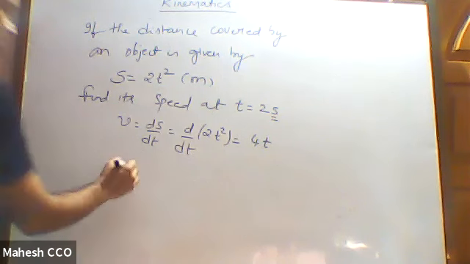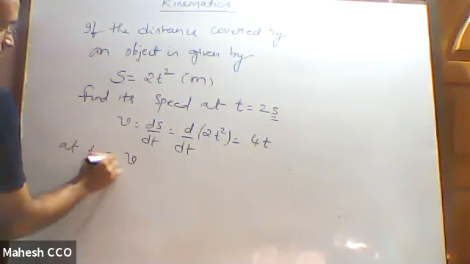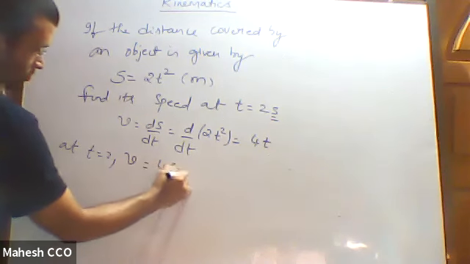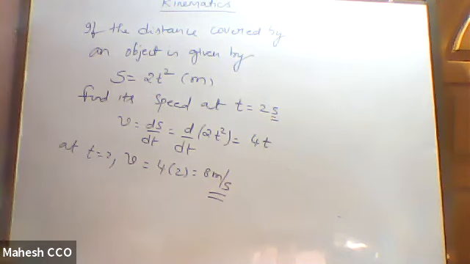So speed at 2 seconds will be 4 into 2, which is 8 meter per second. Fairly simple question, not a big deal. Please make a note.